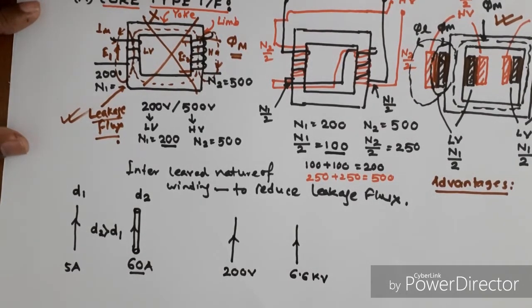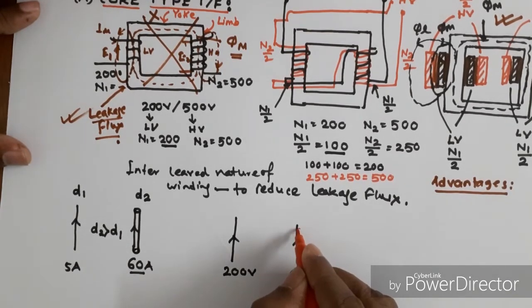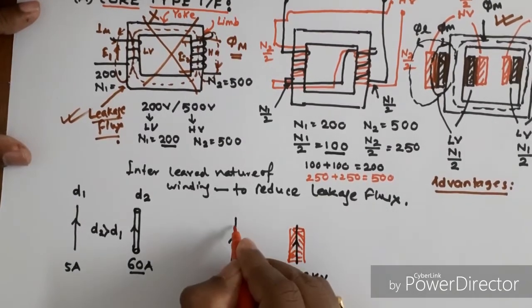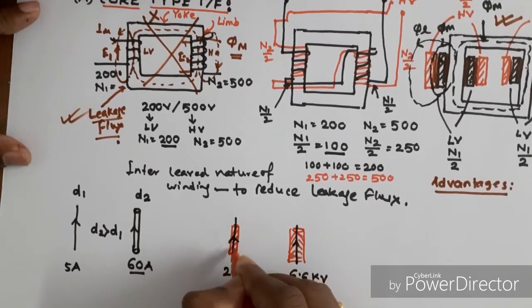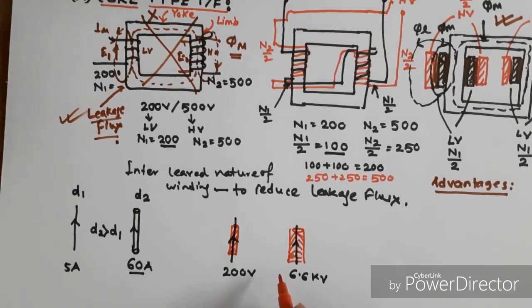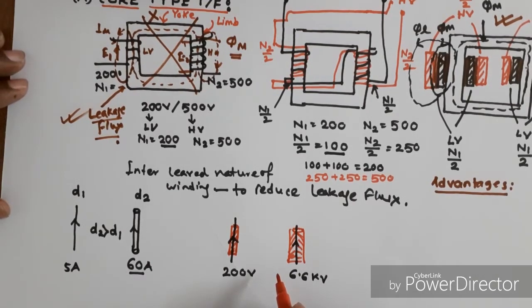The higher the voltage rating, the more insulation we require around the conductor. Here we require more insulation, and here we require less. Therefore, the insulation required for a conductor is decided by the voltage rating of the conductor.